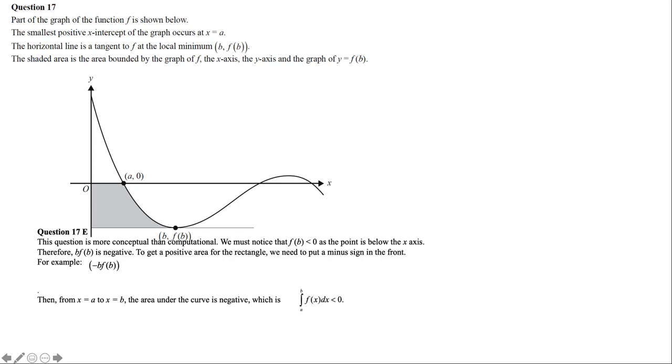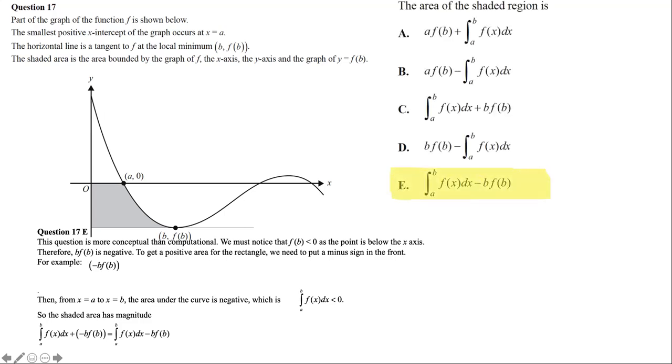So A to B anti-deriving f of x dx is less than 0. To calculate the magnitude of this shaded area, you just simply add these two expressions up. And it could be written as A to B f of x dx minus b f of b. Observing all options, option E is the only correct response.